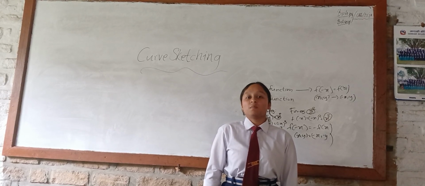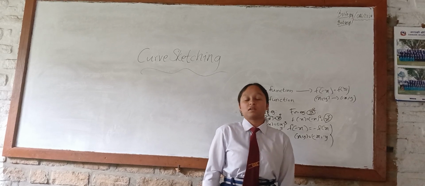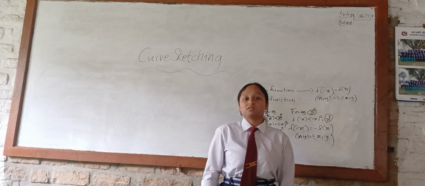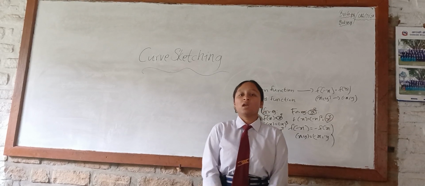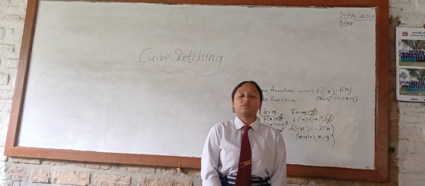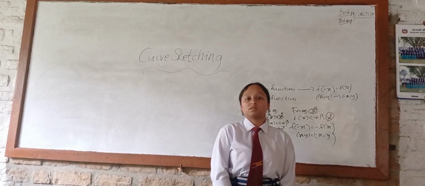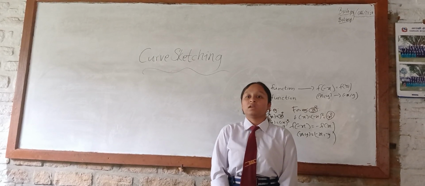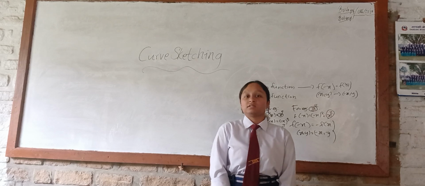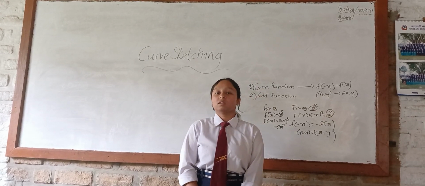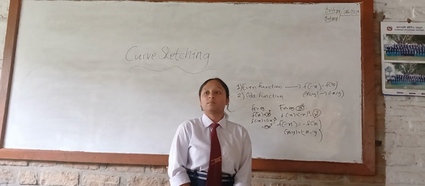The sum of any two odd functions is an odd function, and any constant multiple of an odd function is also an odd function. The product and quotient of odd functions is an even function. The product and quotient of an even and an odd function is an odd function. The sum of an even and an odd function is neither even nor odd.